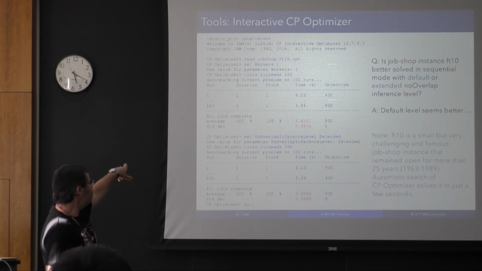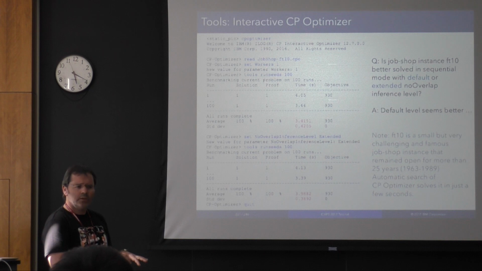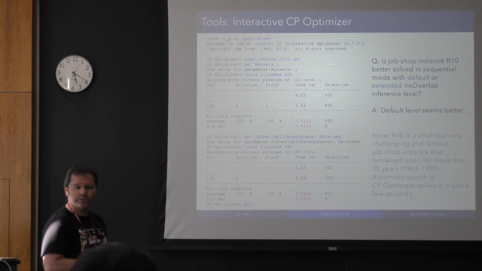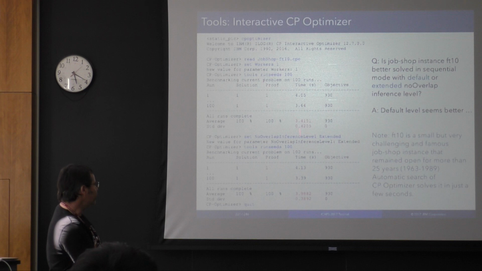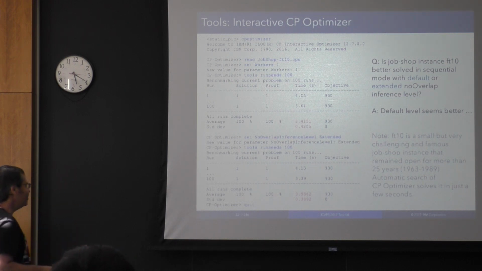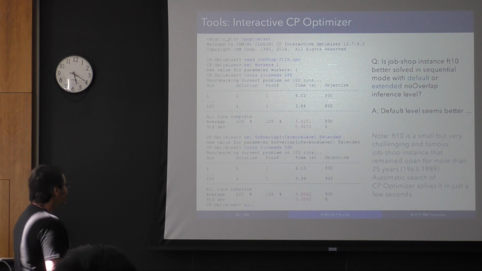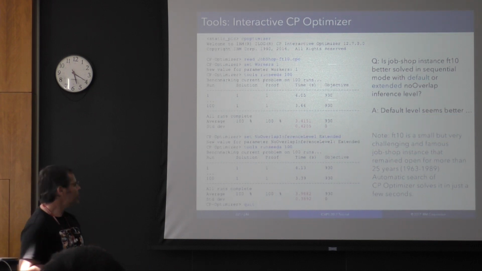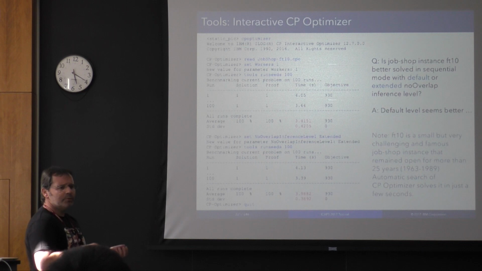Okay, and this interactive CP Optimizer is an executable. One of the functionalities is that you can read a problem, a CPO file, and run it on different random seeds, and then provide some statistics. Here, again, it's a job shop example. I don't know if you know this job shop instance, FT10, but it remained open for 25 years. The question we ask ourselves is, this is the same version of CP Optimizer, but is it better to use some search parameter or not for this problem?